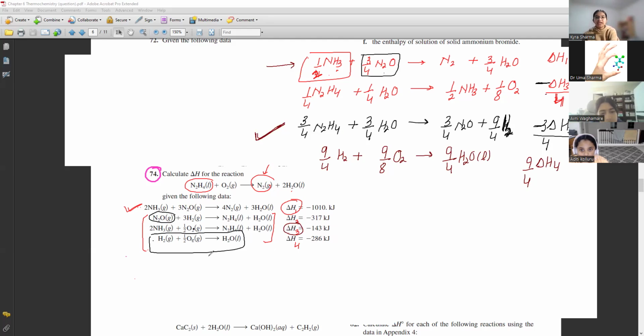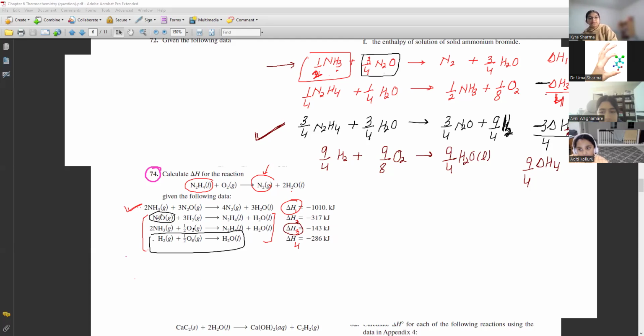Isn't it 3 delta H2 divided by 2? Because delta H3 is the one above. And my other question was, why is there a 3 in front of delta H2?